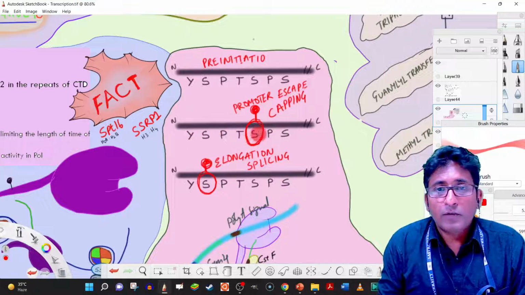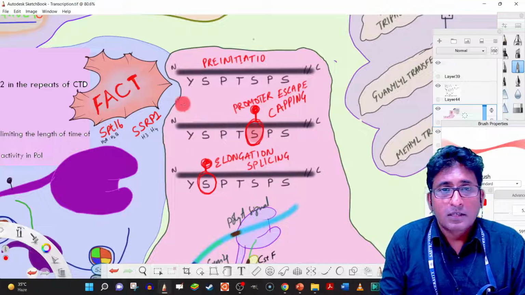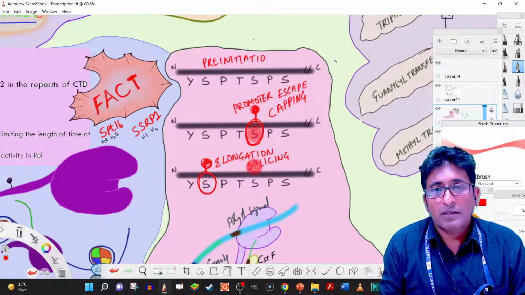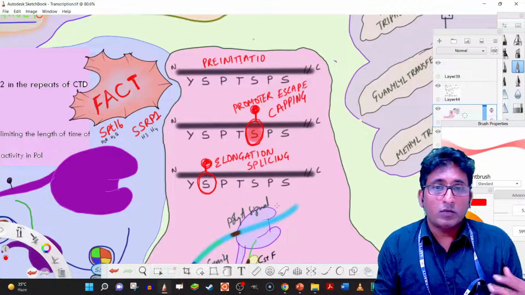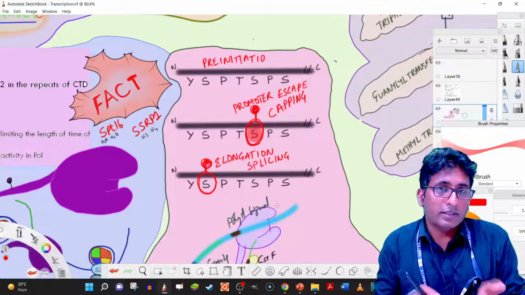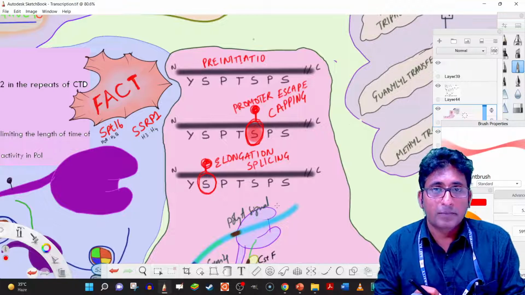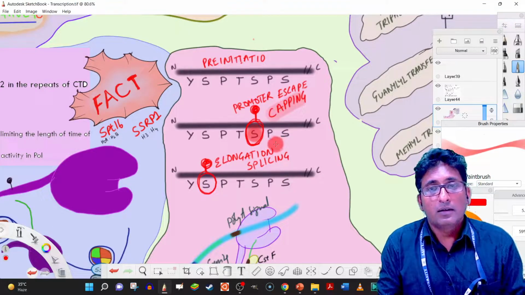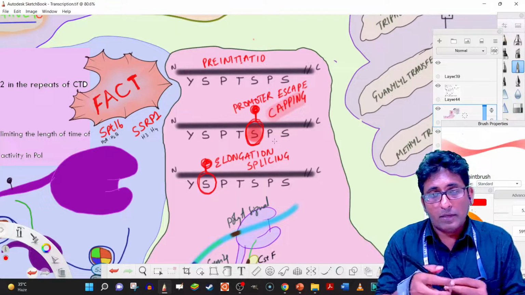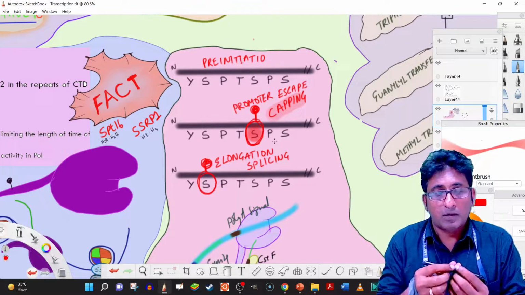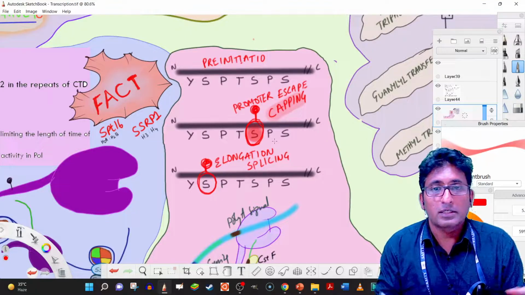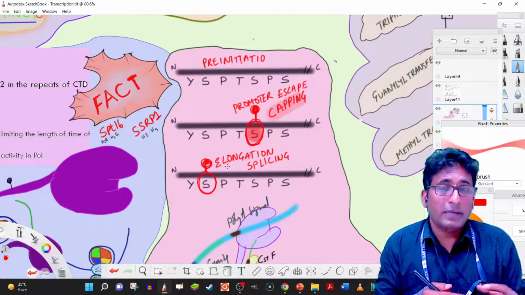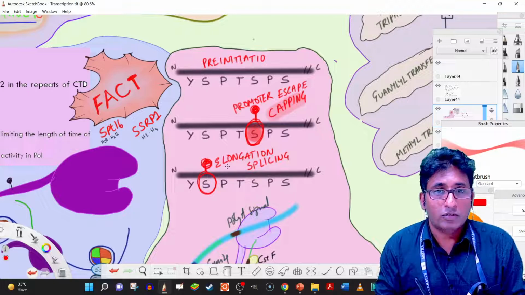So say for example, this is 1, 2, 3, 4, 5. If the 5th serine is phosphorylated, then at the stage of promoter escape the capping enzymes are recruited onto the tail, and as soon as the mRNA emerges out of the RNA polymerase, the capping enzymes hop onto the mRNA, and that is how capping enzymes are first recruited.